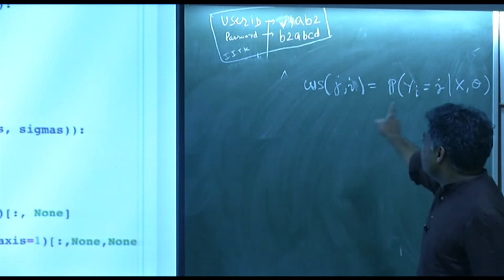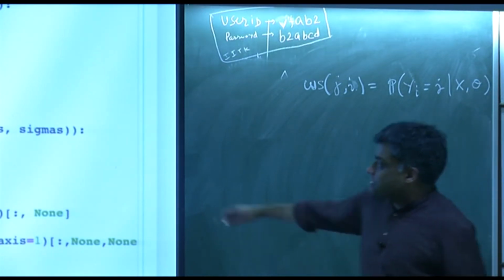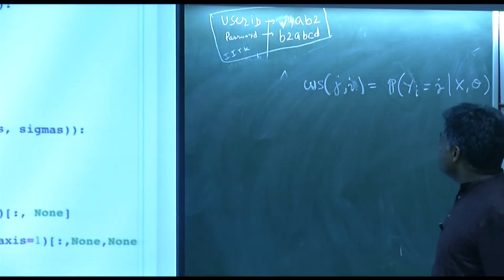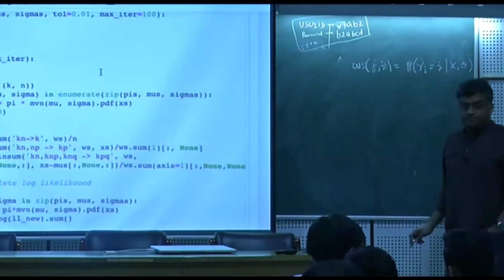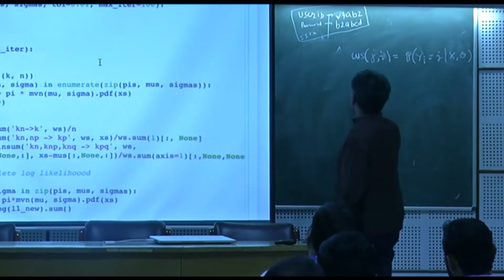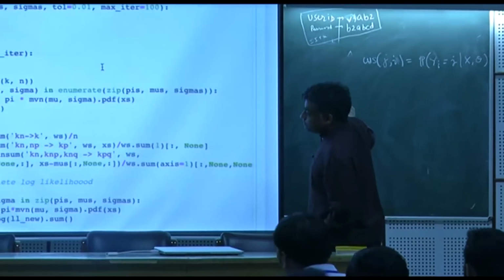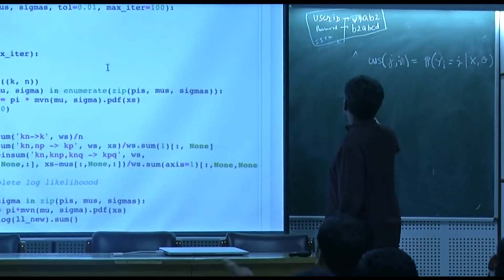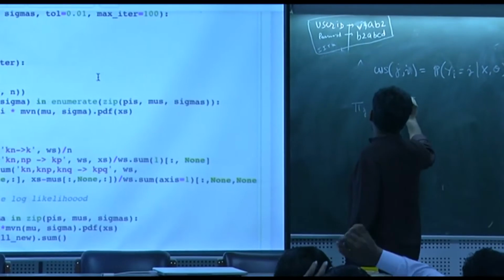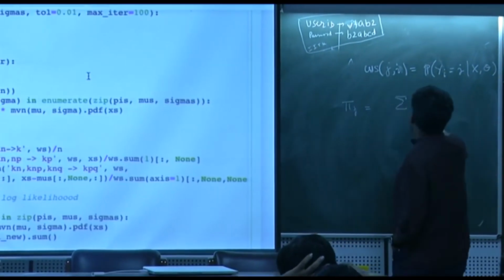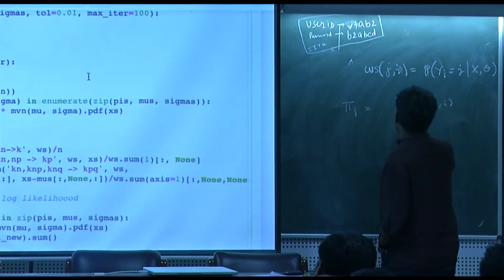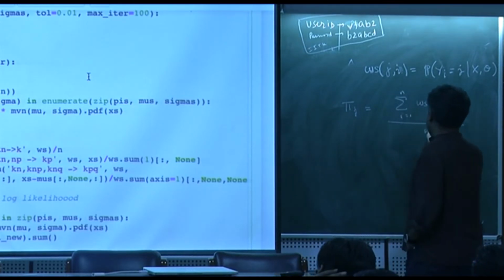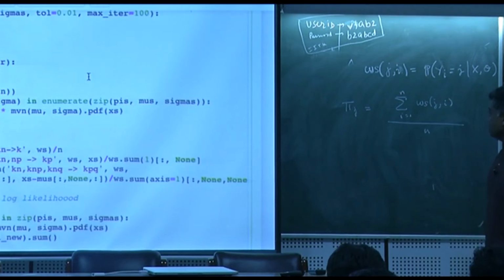This is what the matrix WS_ji is right now. After this computation, what it's found is the probability that on the data point i, the class is j. And in order to figure out what the pi is, pi_j will turn out to be the summation over WS_ji, i going from 1 through n, divided by n. This is the probability of seeing the class j.